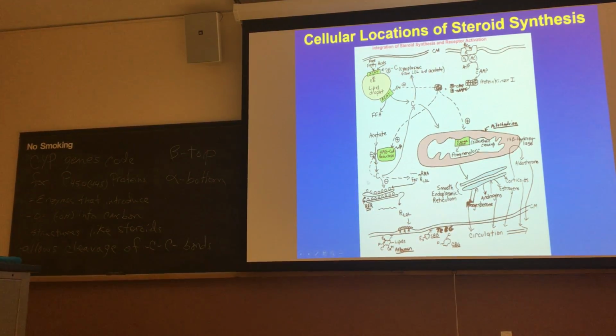I want to make sure you have some idea of where things are happening. This is a diagram or cartoon of a steroidogenic cell, like you would see in the Leydig cell, in one of the cells of the ovary, or in the adrenal cortex.